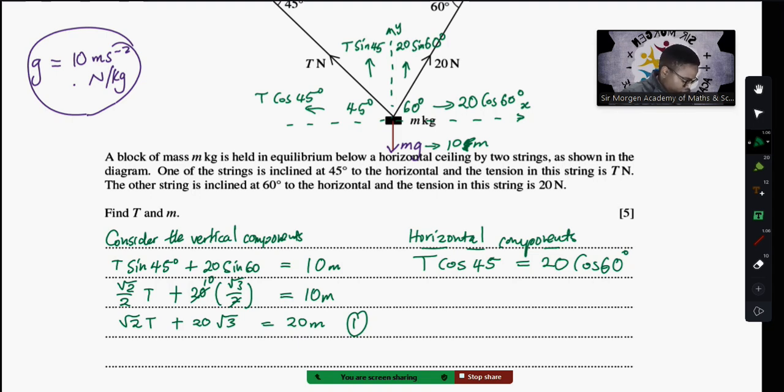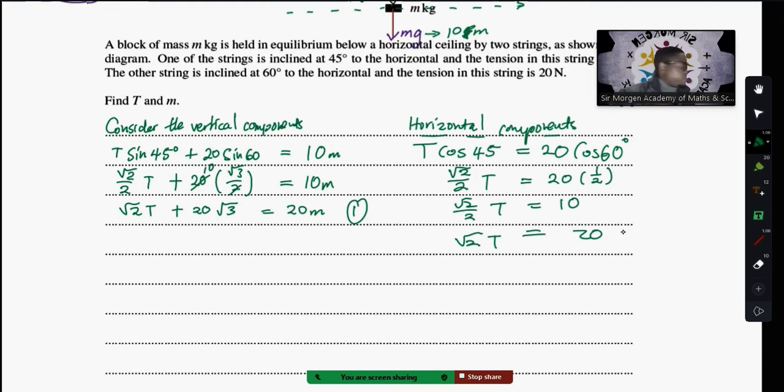So root 2 over 2 T is equal to 20 times half, that gives us 10. Multiplying both sides by 2, I have root 2 T equals 20.